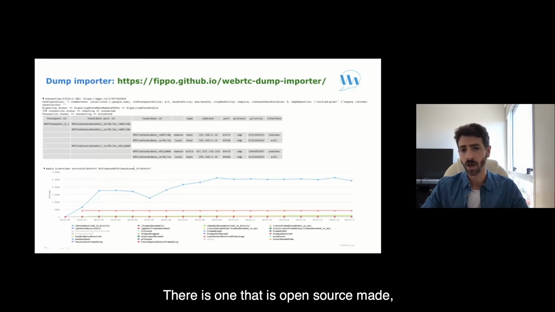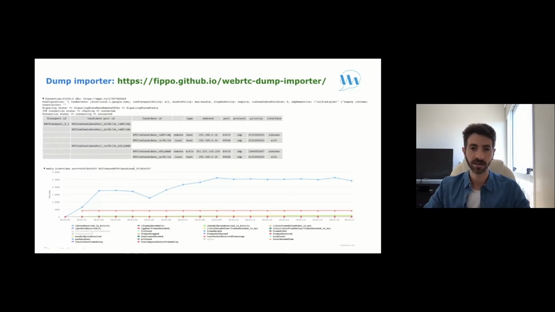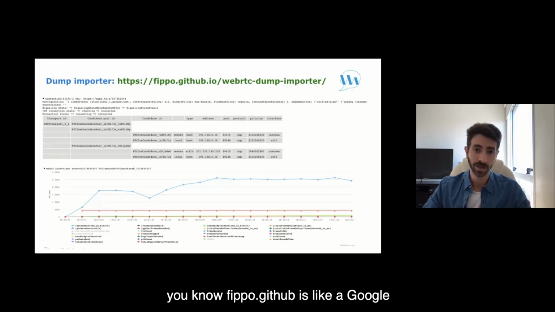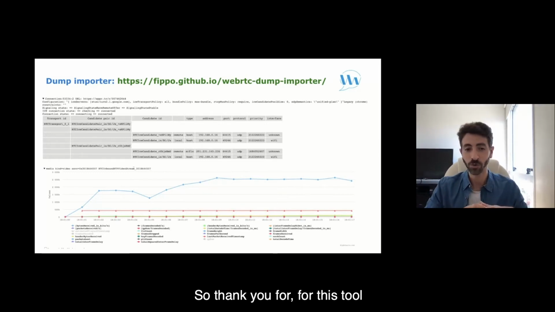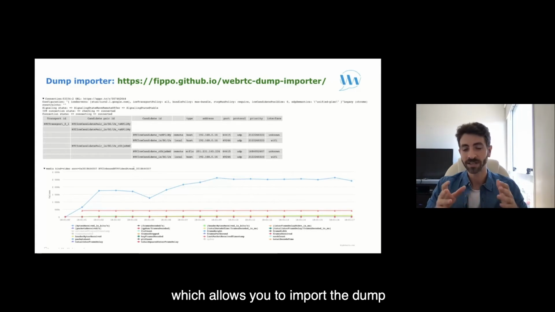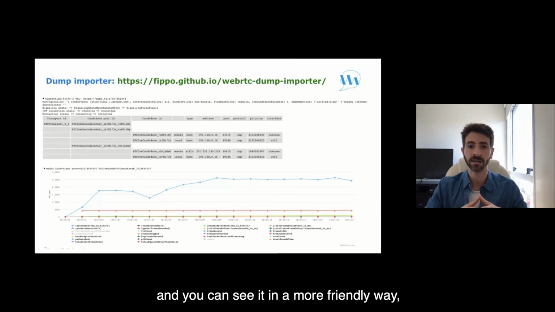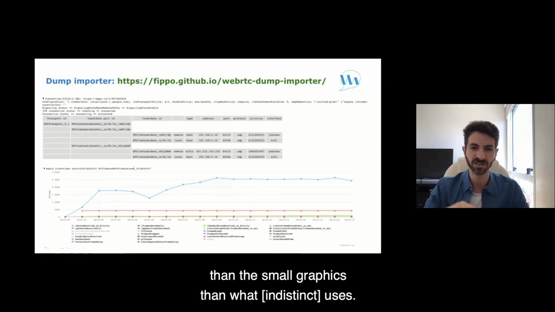There is an open source one made by Philipp Hancke who, you know, is like a guru of WebRTC. So thank you for this tool, which allows you to import the dump and see it in a more friendly way than the small graphics that WebRTC internals uses.